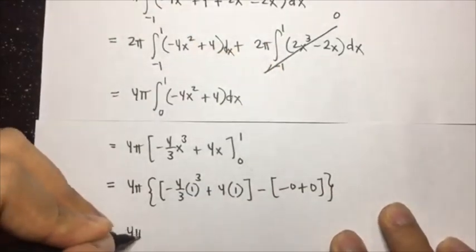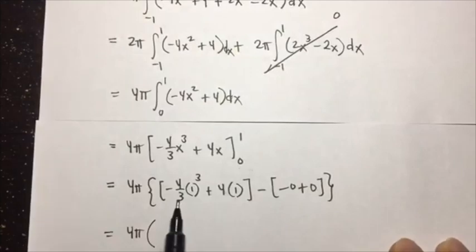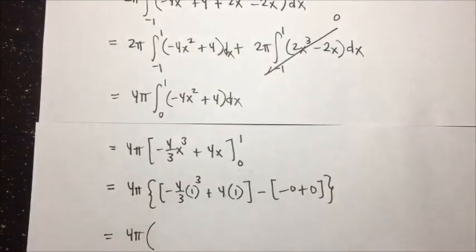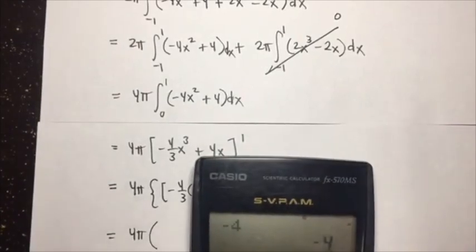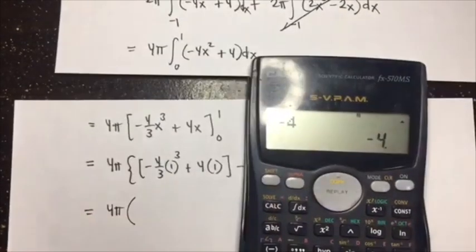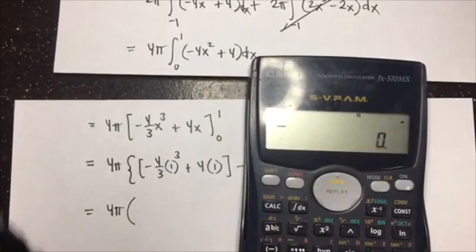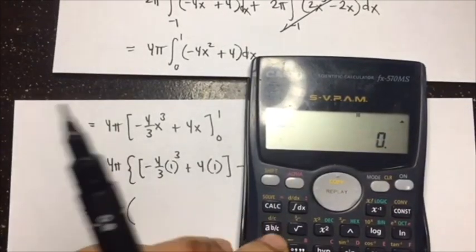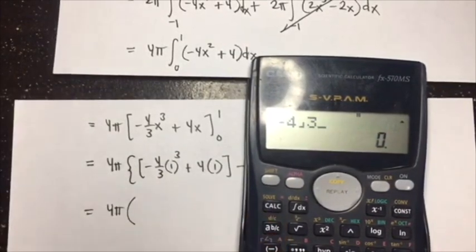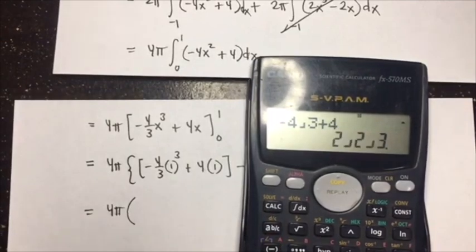So we'll have 4 pi, and then this will become 4 minus 4 over 3. That should be negative 4 over 3 plus 4, times 4 pi.